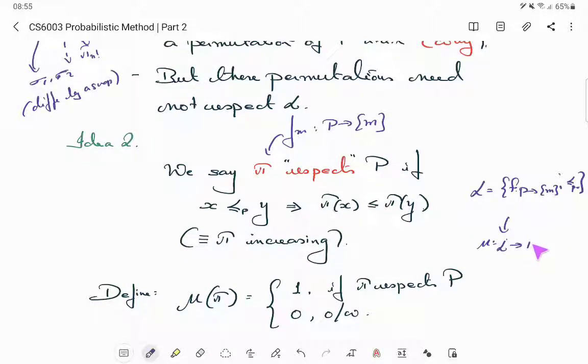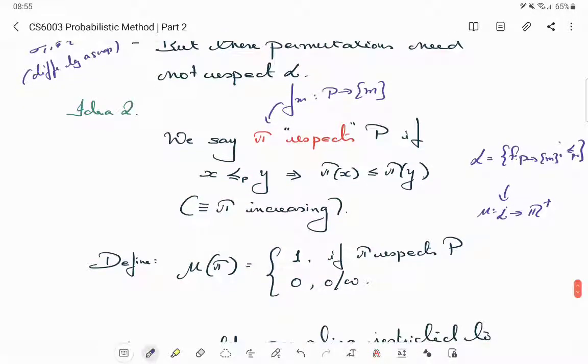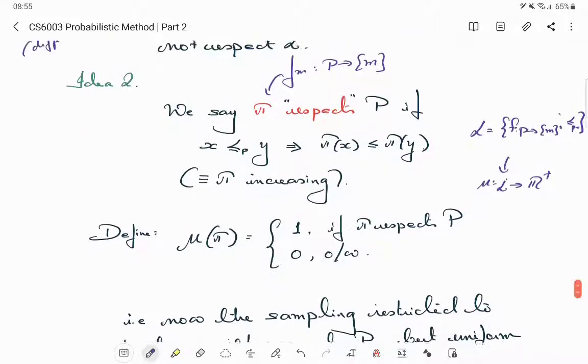And this mu is a function, this is not a normalized measure, so I'll just call it R plus, it does not add to 1. Okay, so this is not a normalized measure, but we can easily normalize it by appropriately dividing it by mu of the whole set. Okay, so the mu kind of helps you focus your attention on only those functions in the lattice which respect P.